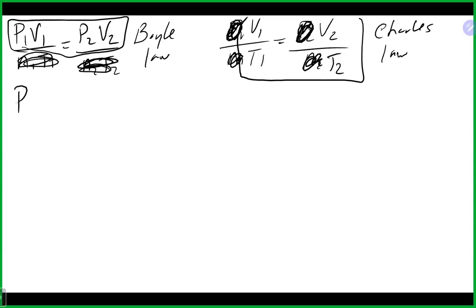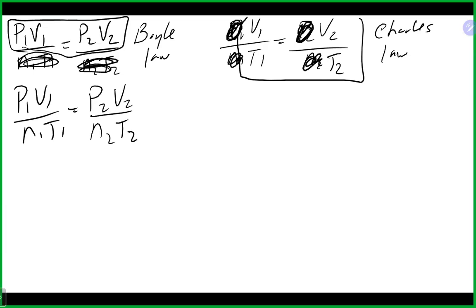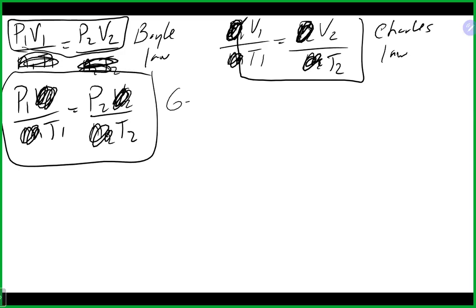If you remember the combined gas law, and you come across a problem that mentions nothing about volume or nothing about moles, or they're held constant, just scratch those things out, and you're left with Gay-Lussac's law.